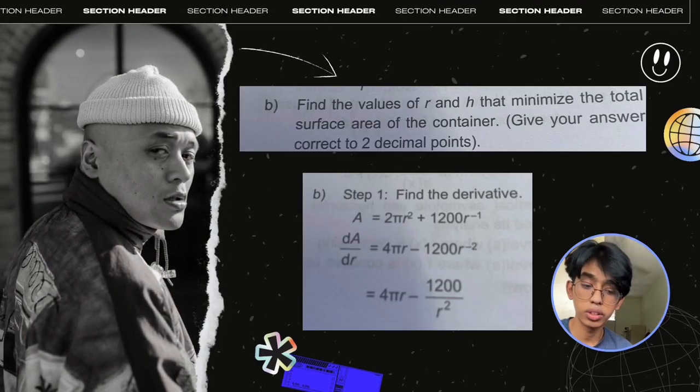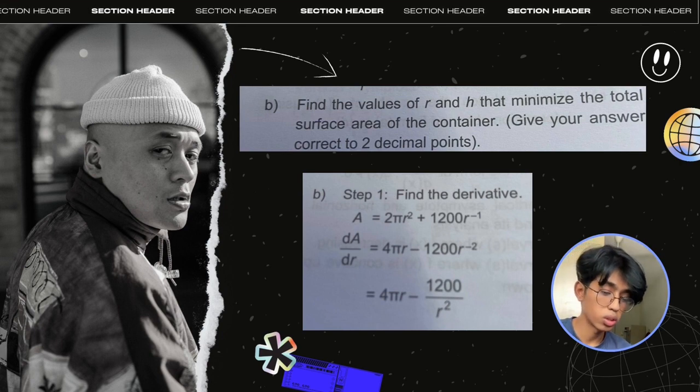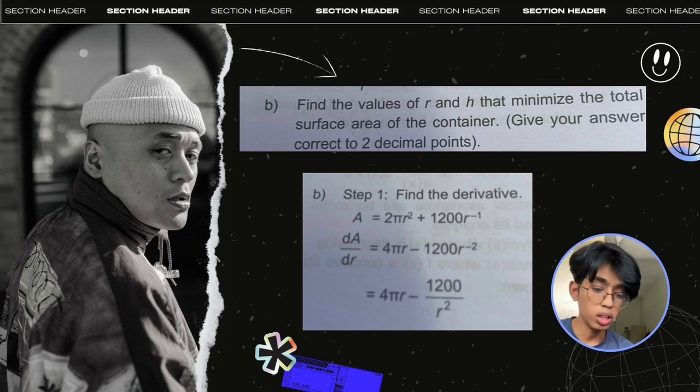Step 1 is to find the derivative. We're going to use the equation we got from question A, which is A equals 2 pi r squared plus 1200 r to the power of negative 1. Then we differentiate the equation, so the power of r is multiplied with the front number, and it will be dA over dr equals 4 pi r minus 1200 r to the power of negative 2.